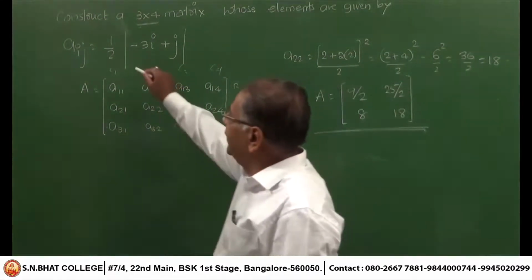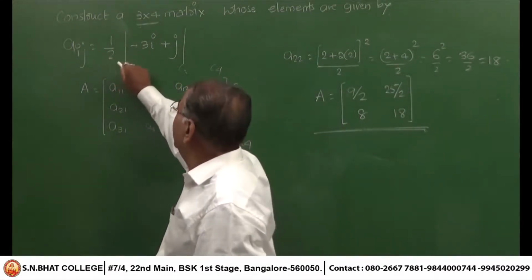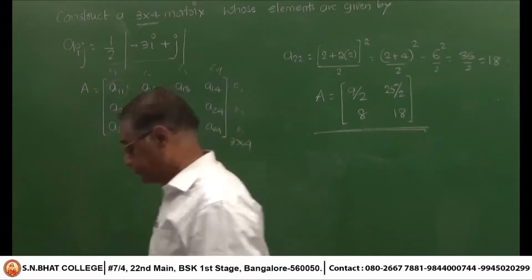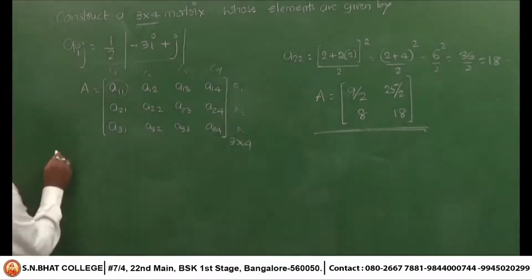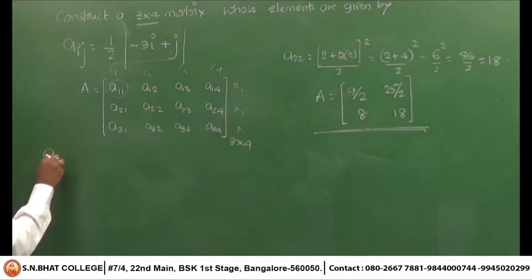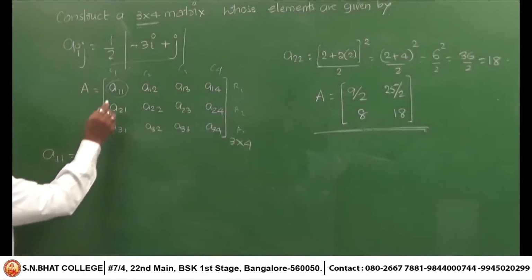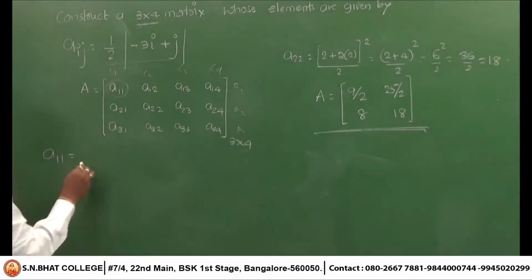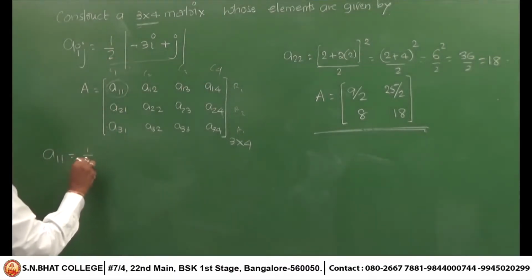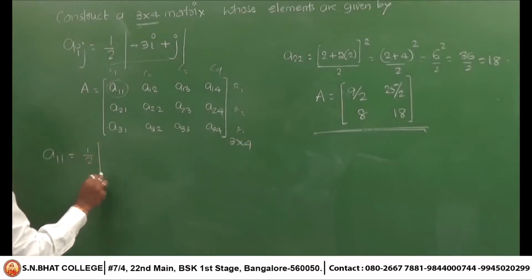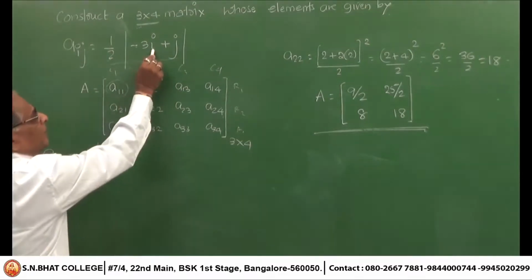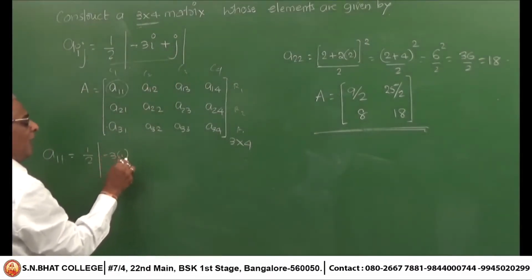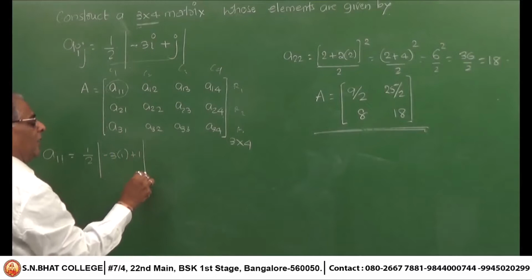In this problem, Aij is given. First I have to calculate A11. Replace i by 1, j by 1. A11 becomes half into modulus of minus 3 into 1 plus 1.